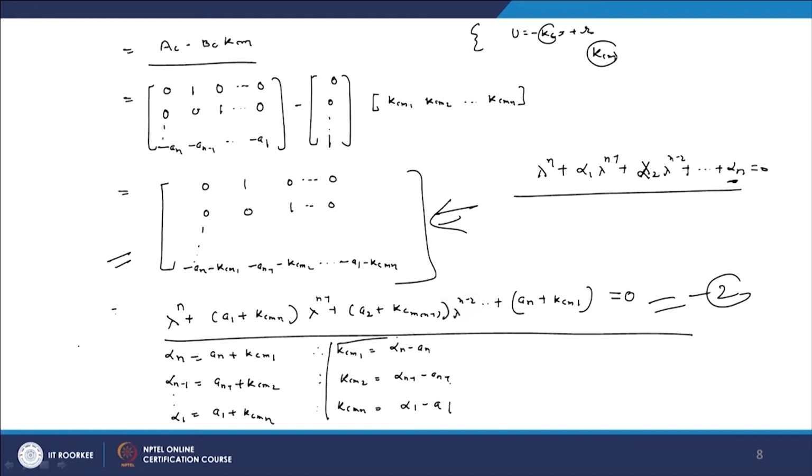So now all the values KCM1, KCM2, KCM3, up to KCMn have been determined. Now what is the final? Your problem is the KCM.